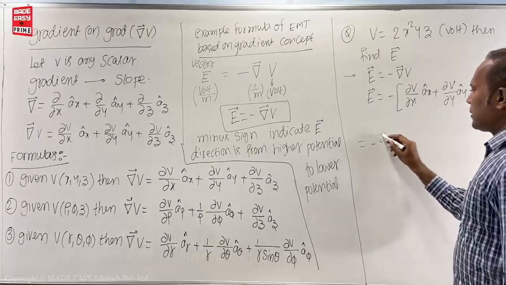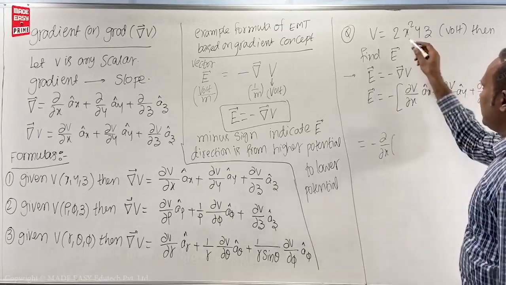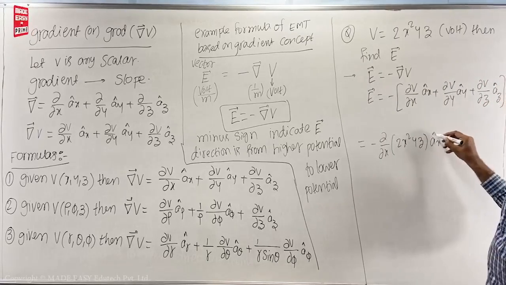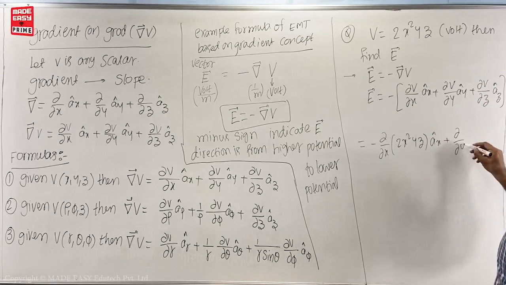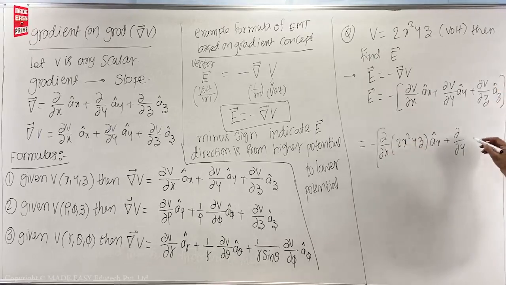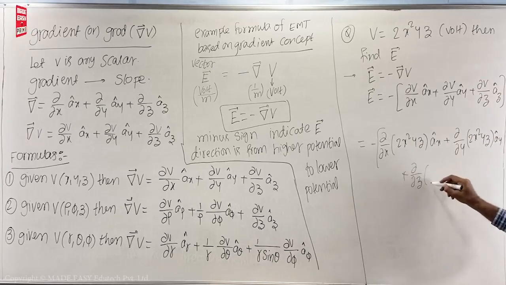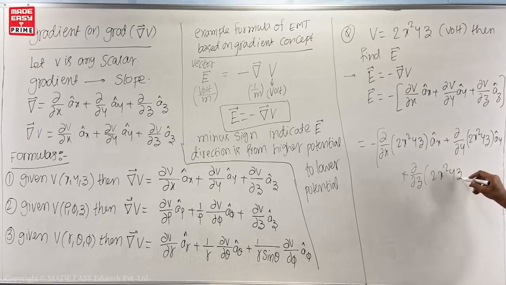That is equal to minus of dou by dou x of 2x square yz, then dou by dou y of 2x square yz Ay, plus dou by dou z of 2x square yz Az.